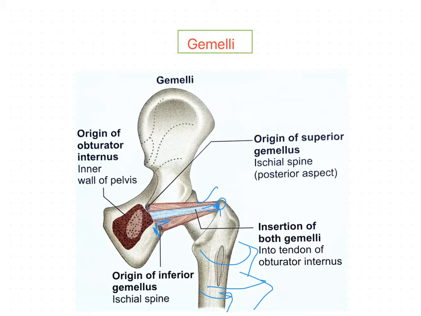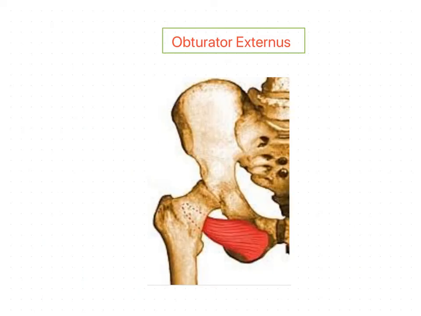Next, we will move on to the other muscle, that is obturator externus. It originates from the outer surface of the margins of the obturator foramen and the medial two thirds of the outer surface of the obturator membrane. It is inserted into the trochanteric fossa of the femur.